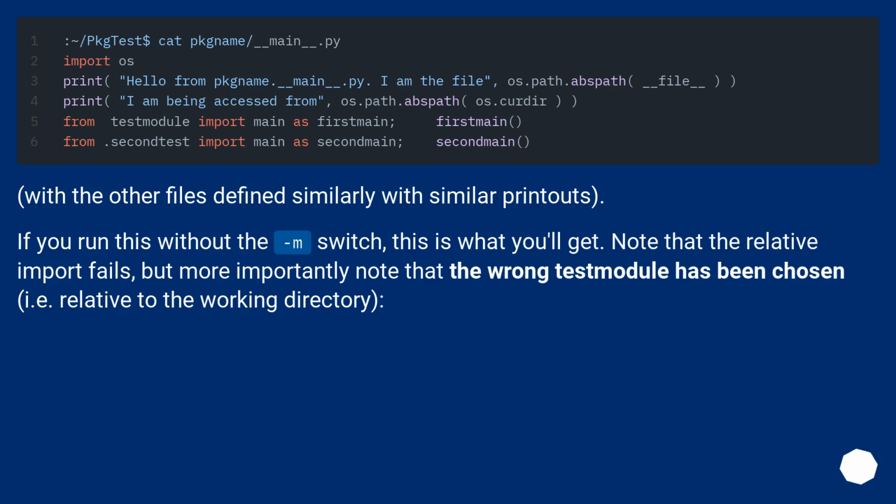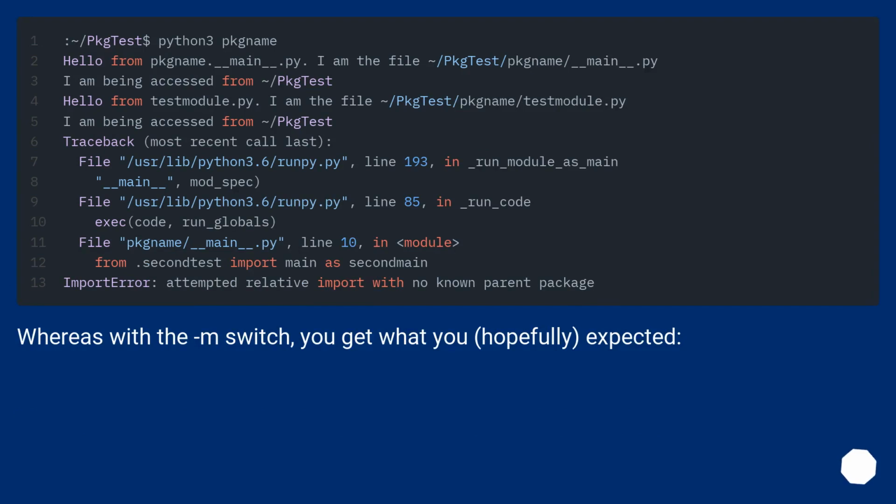If you run this without the -m switch, this is what you'll get. Note that the relative import fails, but more importantly note that the wrong test module has been chosen, i.e. relative to the working directory. Whereas with the -m switch, you get what you, hopefully, expected.